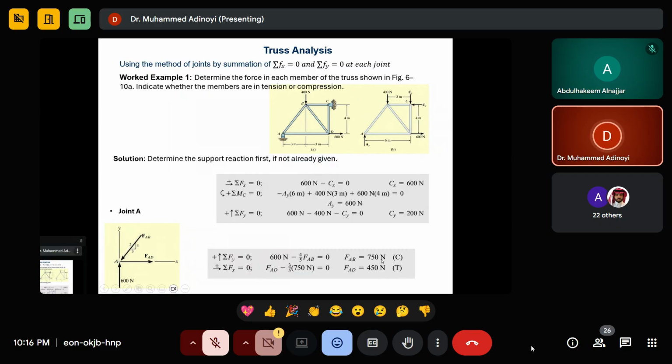Then from there, F of AB is 750 Newton. So compression, you see: if you choose your arrow and it is pointing to the joint, it's a compression. If it is moving away from the joint, it's a tension. If you had made the direction of this to be in this direction, you still get 750, but the 750 now will be negative.